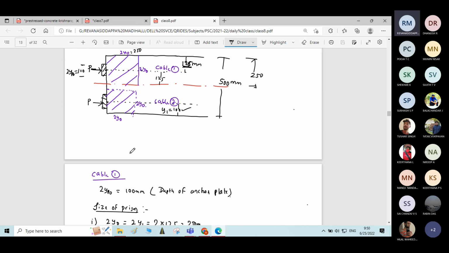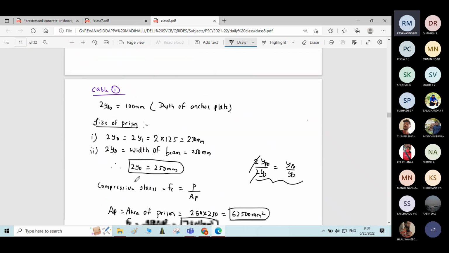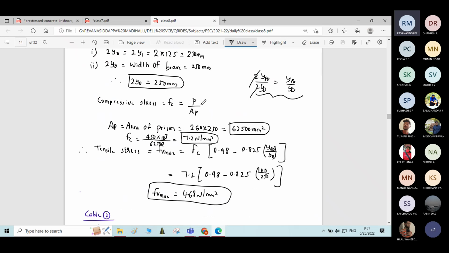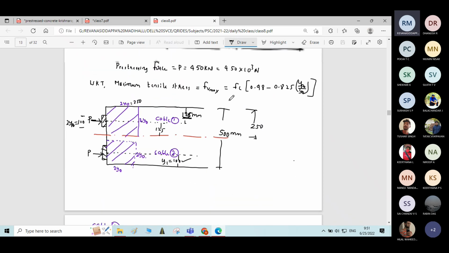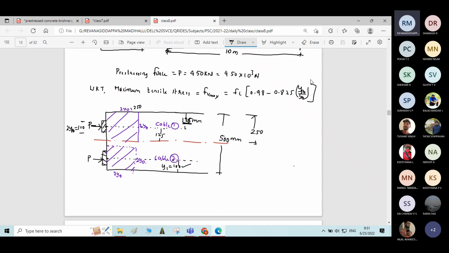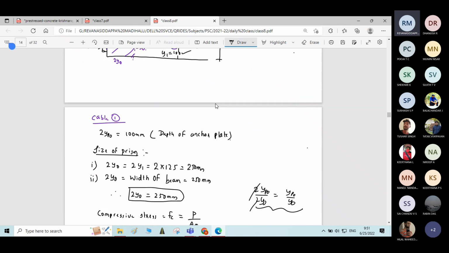Initially, you have to find the yp naught value, which is nothing but the depth of the anchor plate. It is given in the problem only. You need to find the size of the prism. Knowing the size of the prism, you can find the compressive stress, that is the ratio of prestressing force to the area of the prism. Knowing the FC, y naught and yp naught values, just substitute in this particular formula, you will get the tensile stress value. That's it.